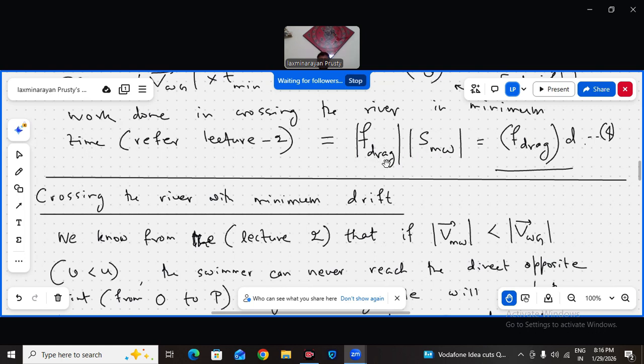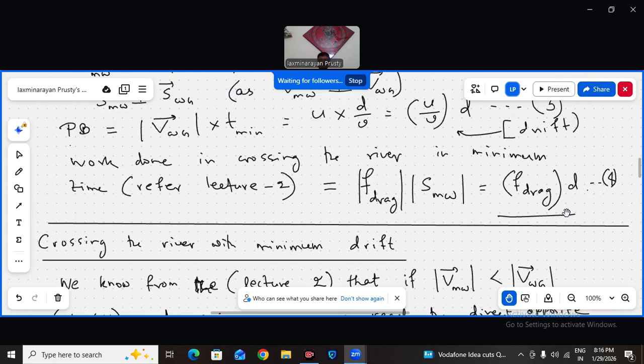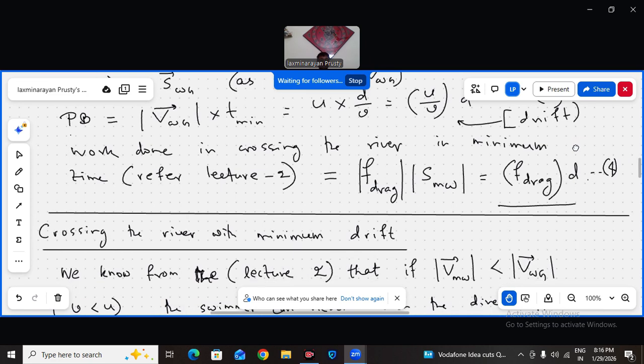F drag into D is the work done by the man in crossing the river. Work done by friction, drag force, will be the negative of this. That's equation 4. Actually, the work done in crossing the river is minimum only when the time taken is minimum. I have elaborately discussed this in lecture 2. Lecture 2 must be gone through again and again.